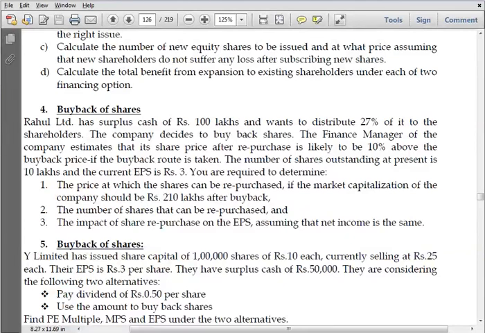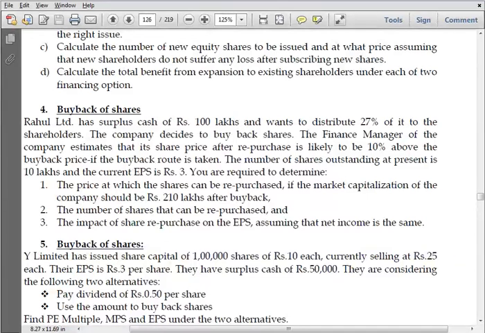Buyback price is X, and number of shares bought back is 27 lakhs divided by X.